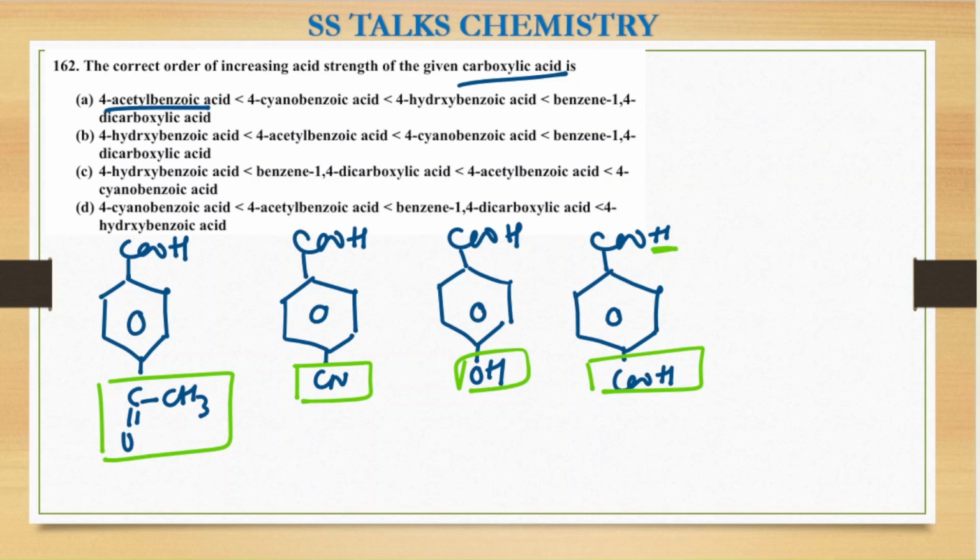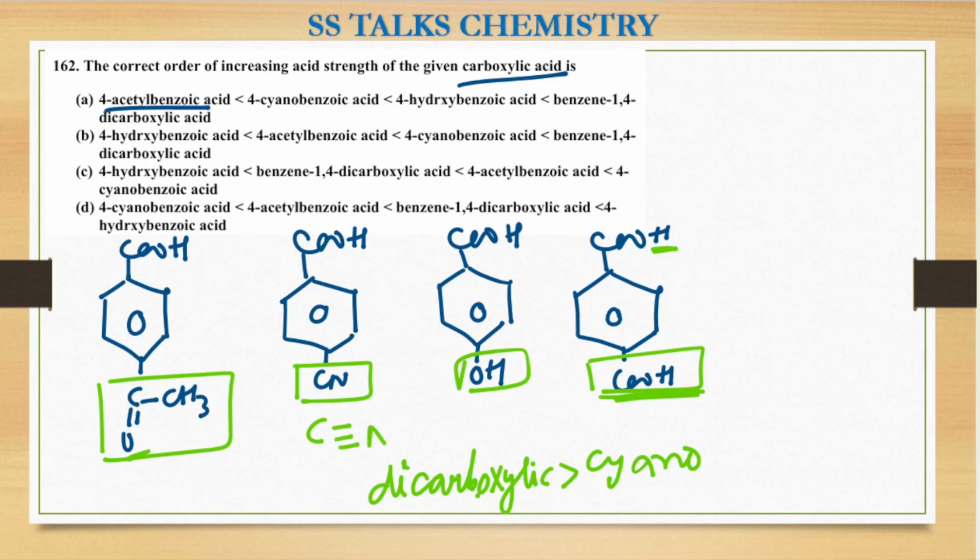In the given options, the one in which the dicarboxylic acid is present is going to be of the maximum acidic strength, right? So the dicarboxylic acid is of the maximum acidic strength, followed by your cyano group which is going to apply the minus M effect. No doubt this is also going to apply the minus M effect, but here it will be applied to a more extent.